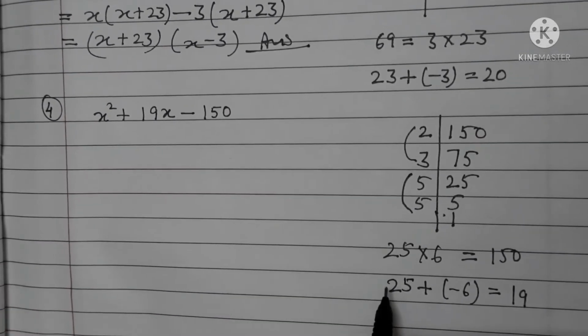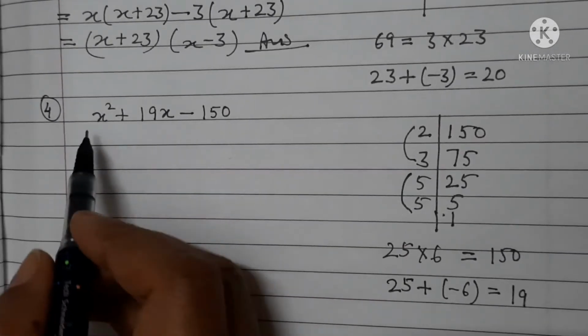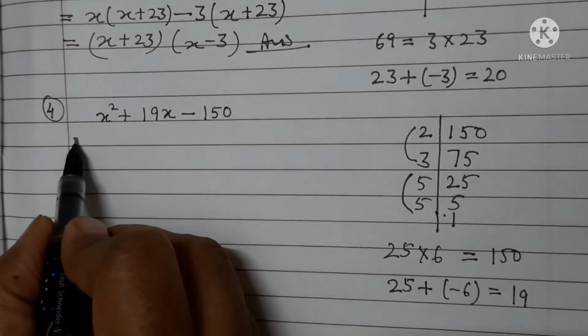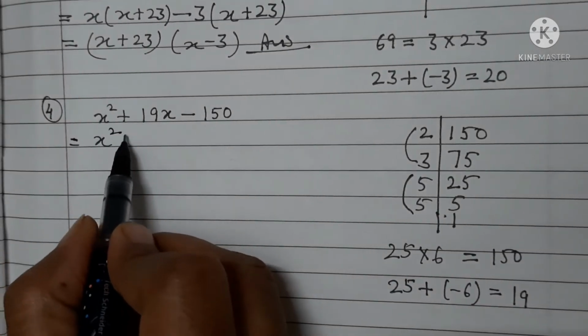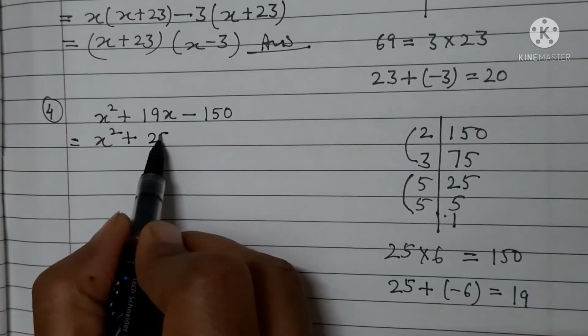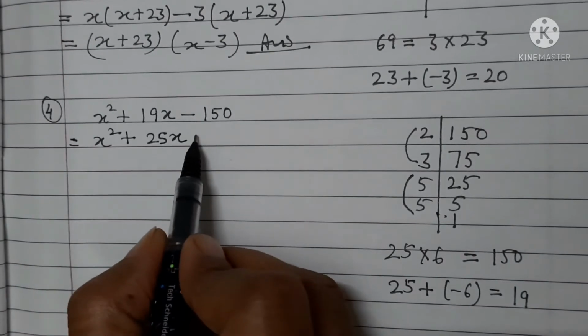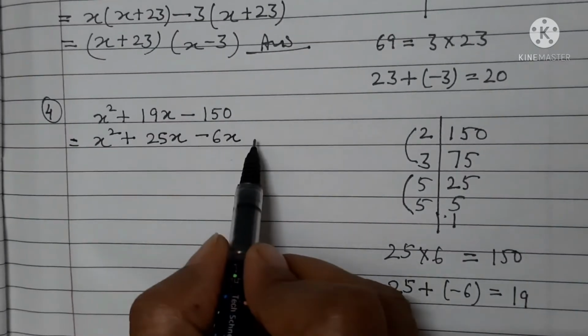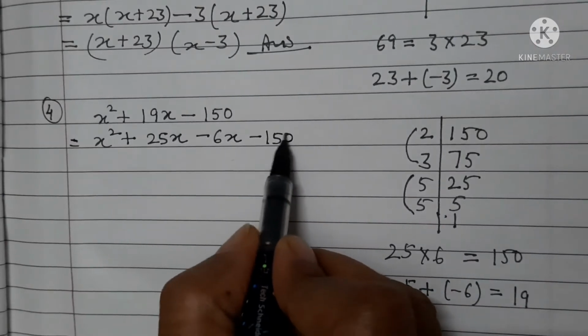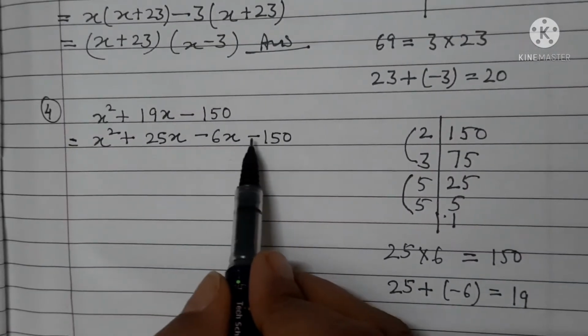So you can split like this and write down here x square plus 25x minus 6x minus 150. This number you can write as it is.